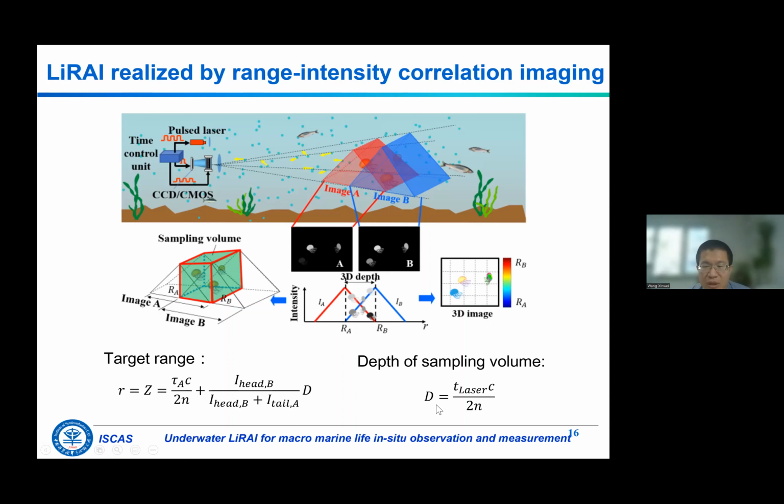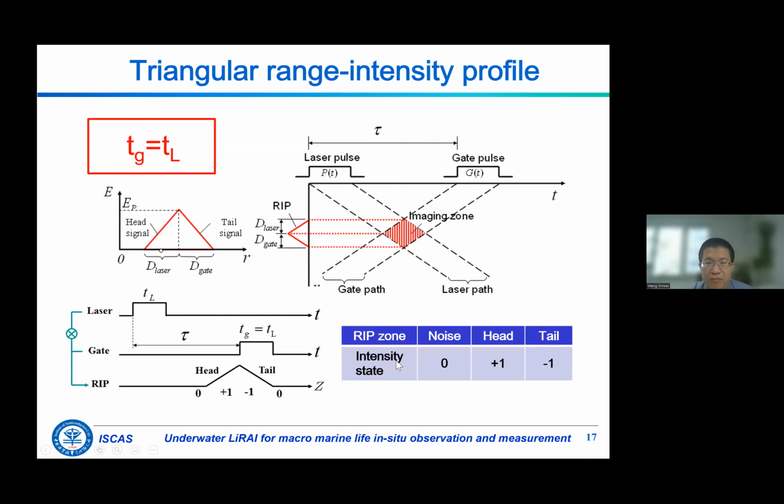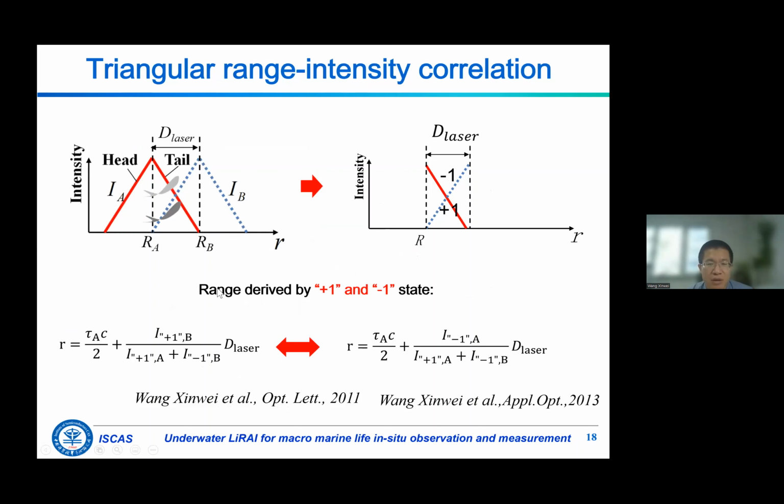It is related to the laser pulse width. In the method, a triangular range intensity profile is established when the gate pulse width equals the laser pulse width. And based on the range intensity correlation algorithm, we can reconstruct the range information from this equation or from this equation.